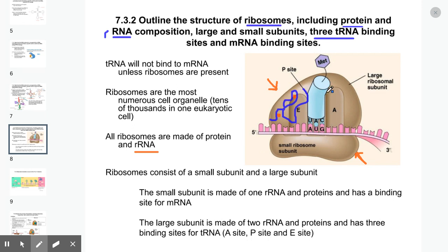And they don't become associated until the messenger RNA, this pink molecule here, binds to this messenger RNA binding site here on the bottom. So once that happens, we only have the small subunit and the messenger RNA, and when that happens, the large subunit will plop on top.